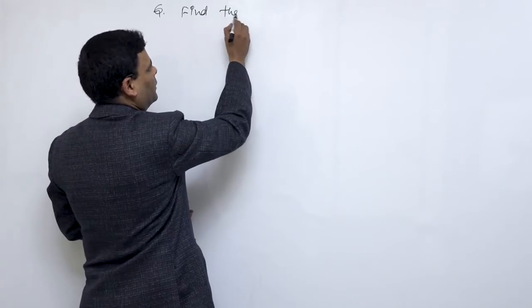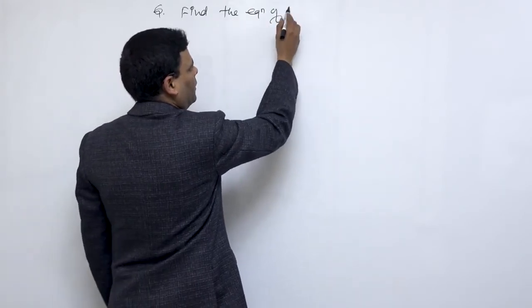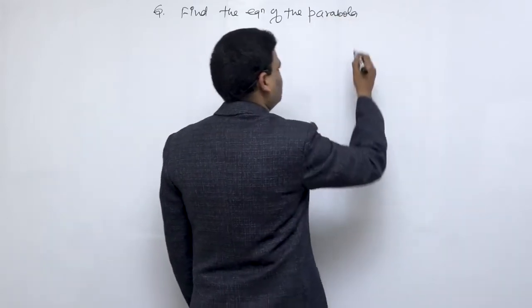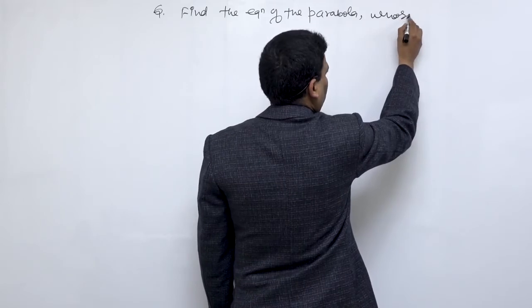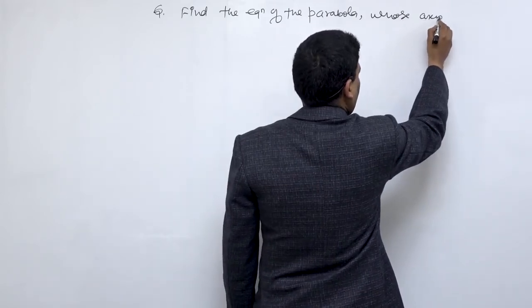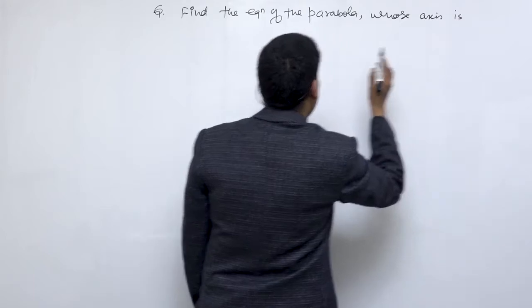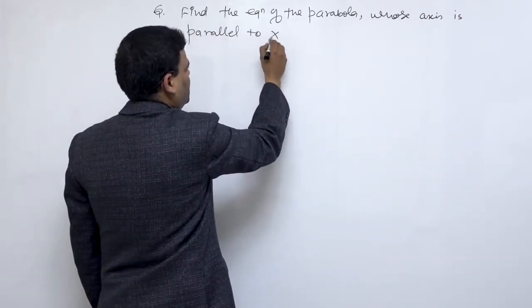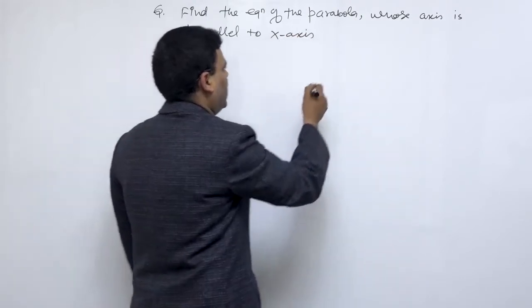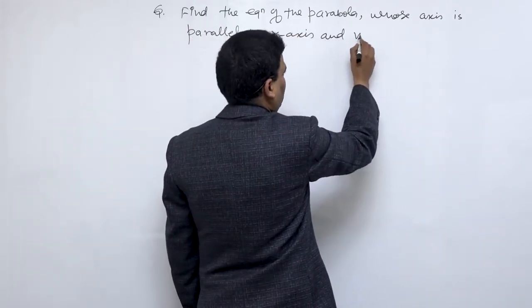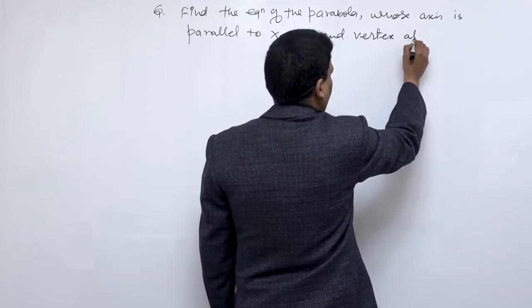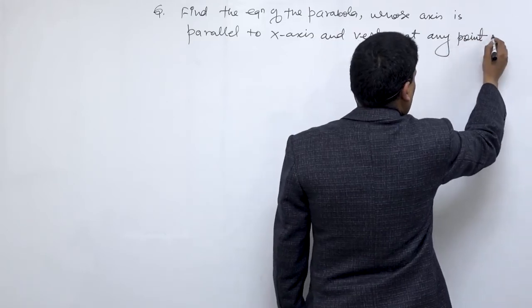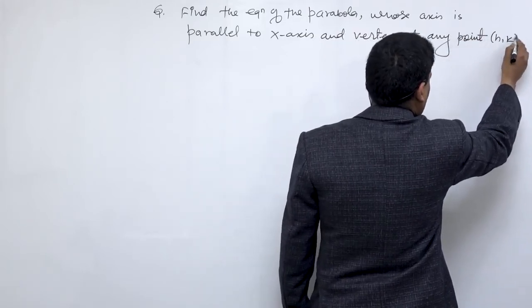Find the equation of the parabola whose axis is parallel to x-axis and vertex at any point h comma k.